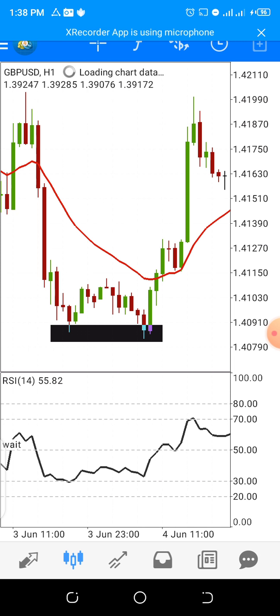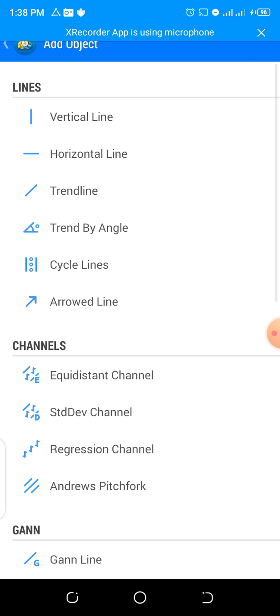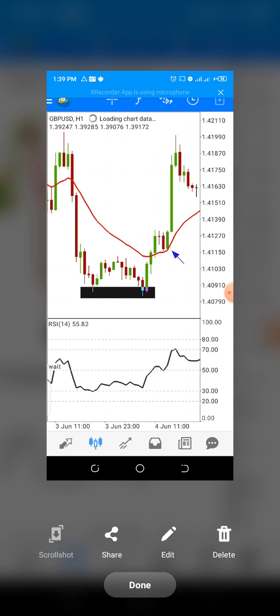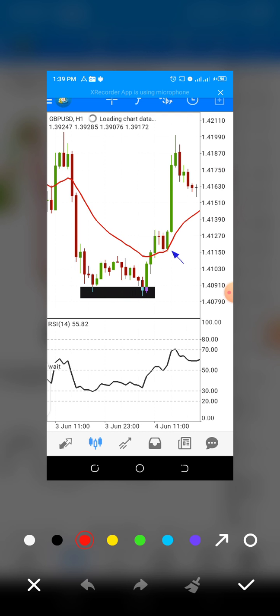This is it. Broken and retested. Guys, just look out for a broken structure that got retested. And when it gets retested, this is the rule. Let me name the rules. Rule number one: broken structure.